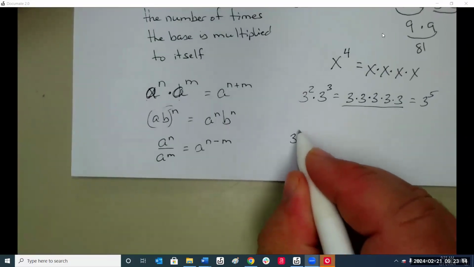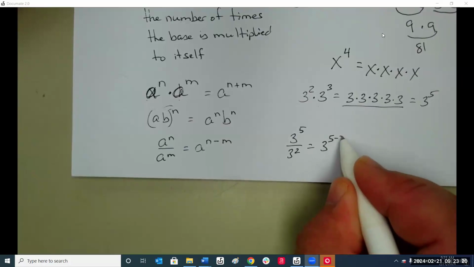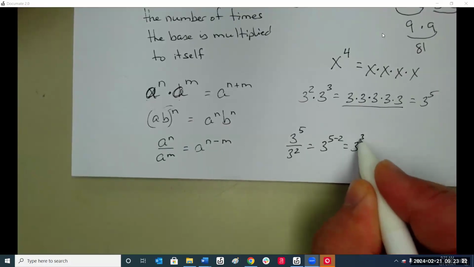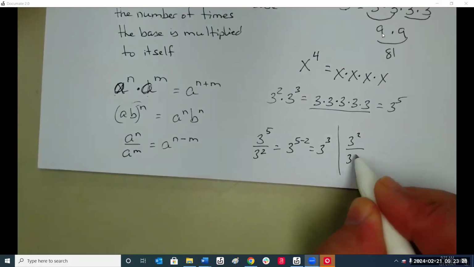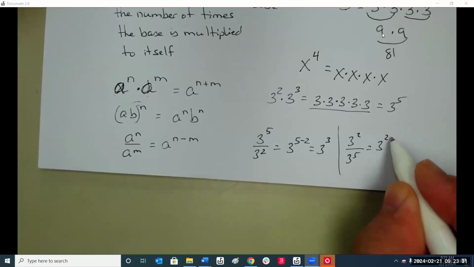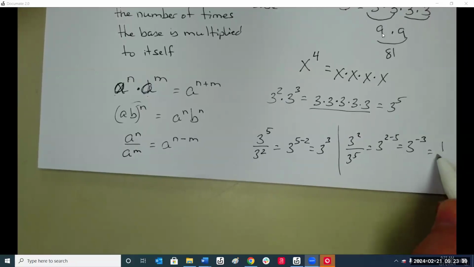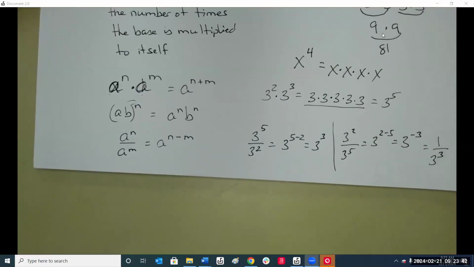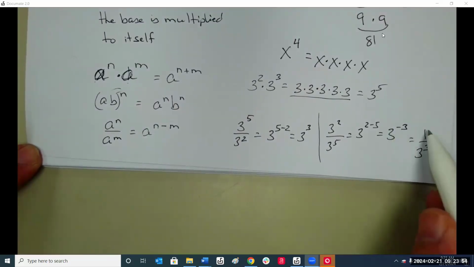So for example, 3 to the 5th over 3 squared is 5 minus 2 equals 3 to the 3rd. But if you had more on the bottom than the top, a negative exponent simply means that this number now goes to the bottom and changes its sign. The negative exponent does not make the answer negative, it simply changes its location.